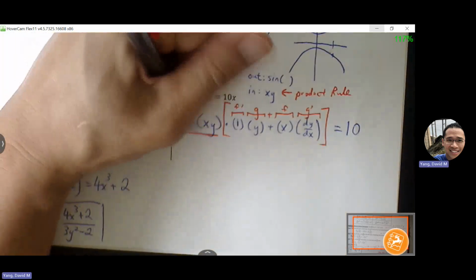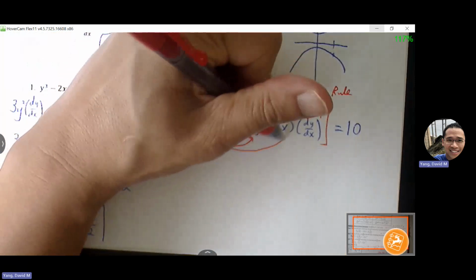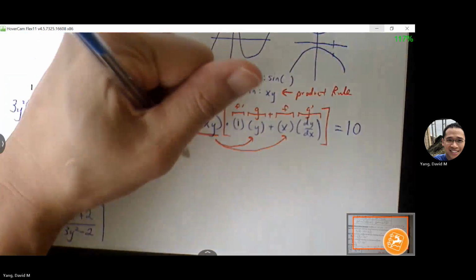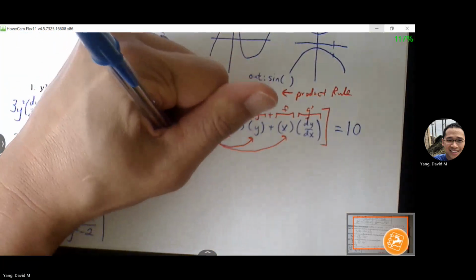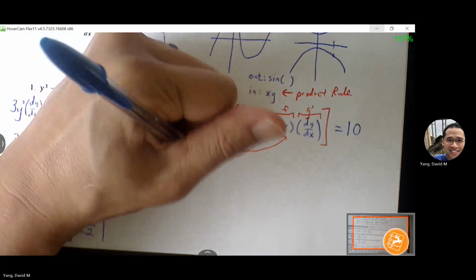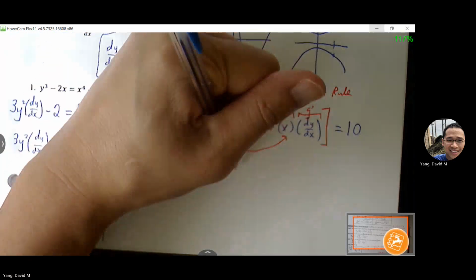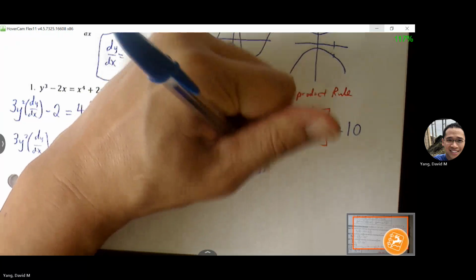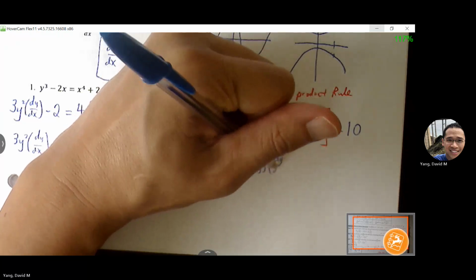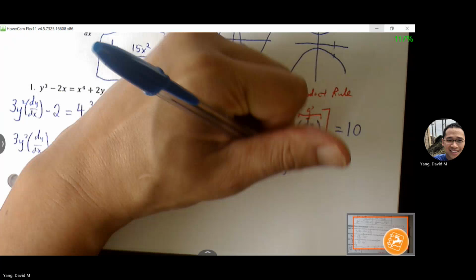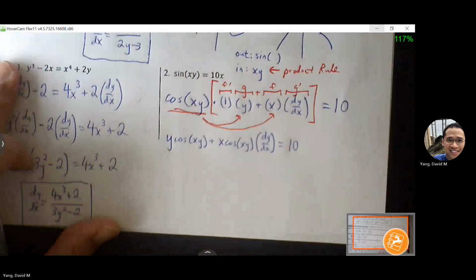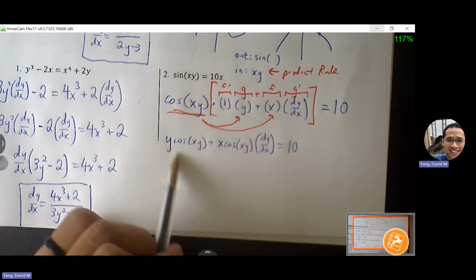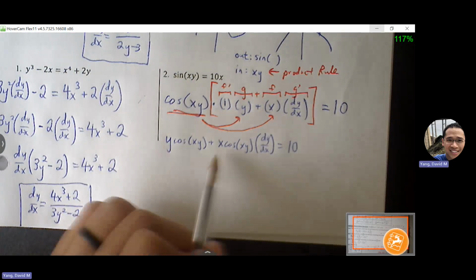So I'm going to take this, I'm going to distribute it to both so I can begin to move this around. This is the only term with dy dx. So I'm going to subtract and then I'll divide.